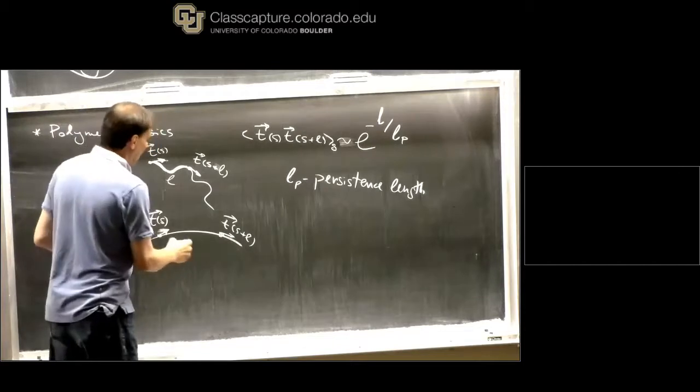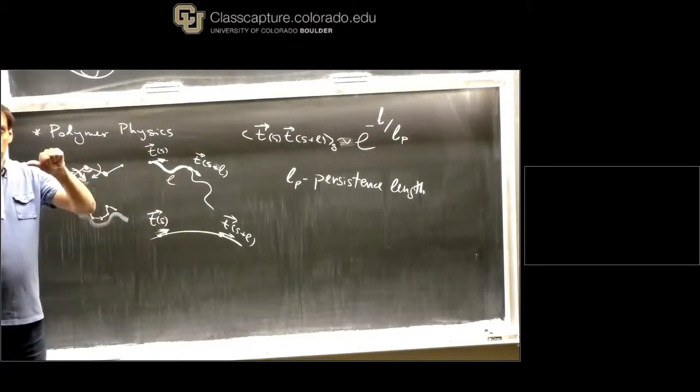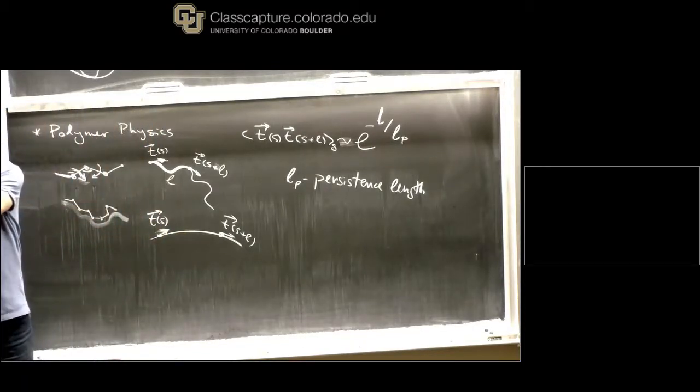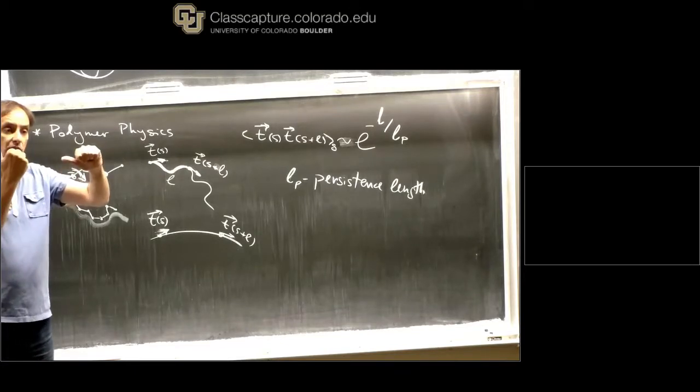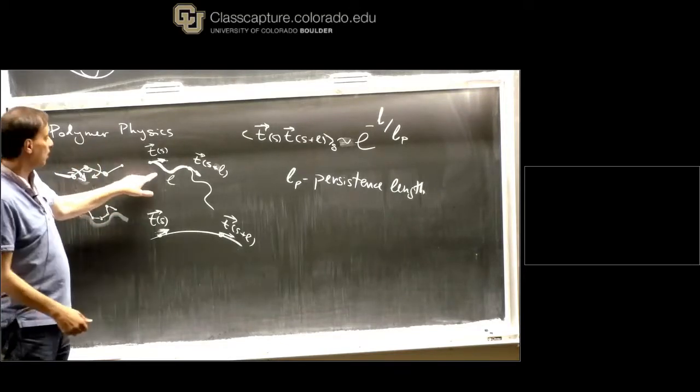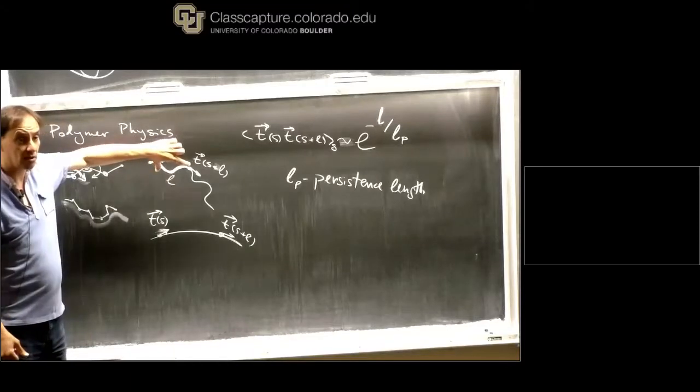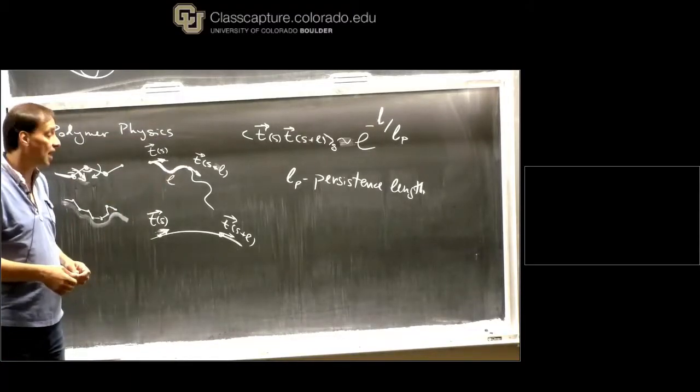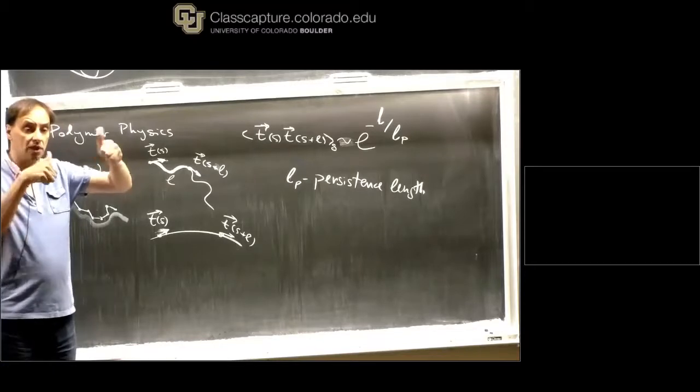I will average over all possible positions of this pair of monomers along the chain while keeping their chemical distance L constant. So they're always distance L apart. And then I ask what's the angle between these two things.